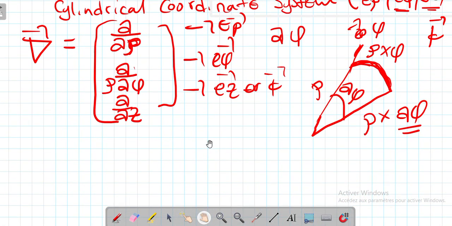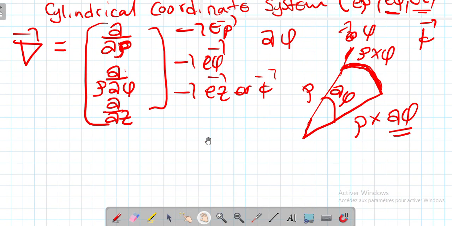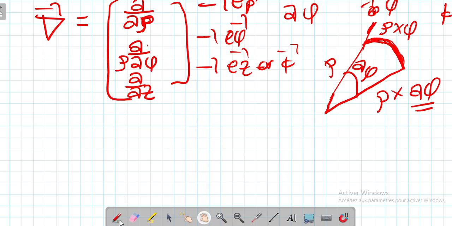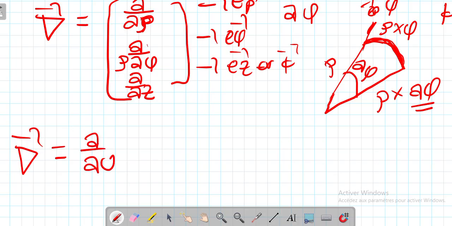I know it looks like a lot, but trust me, with the step-by-step method, you will find it fairly comfortable. I can also express nabla as a vector. Okay, nabla is a vector, it has got an arrow. So you say del over del rho.